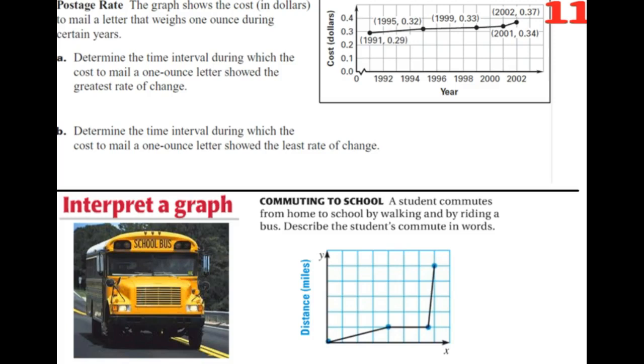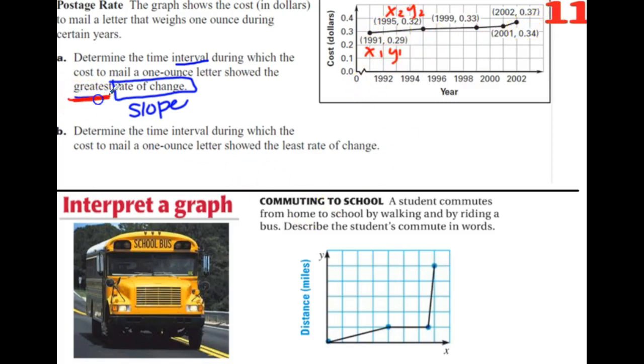The next problem, it says, the graph shows the cost in dollars to mail a letter that weighs 1 ounce during certain years. Determine the time interval, or which slope, during which the cost to mail a 1 ounce letter showed the greatest rate of change, or the greatest slope. So what you could do is just count rise over run for each one, or do xy, xy, y2 minus y1 over x2 minus x1 every single time.